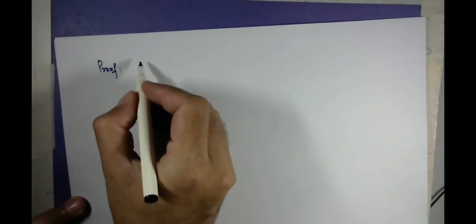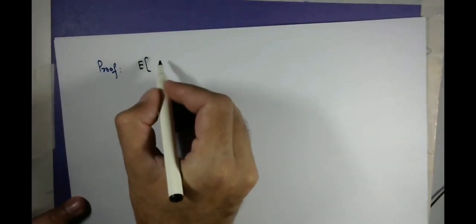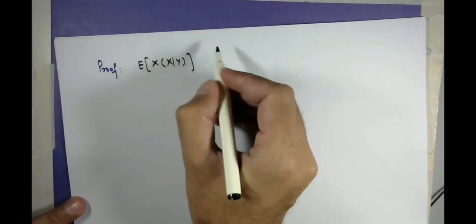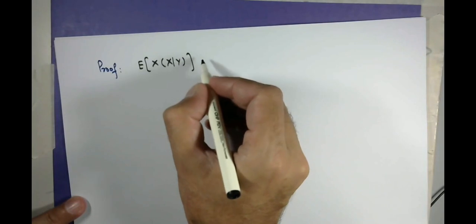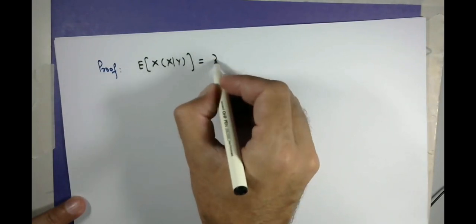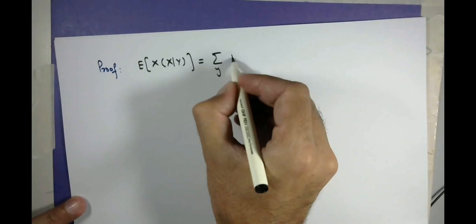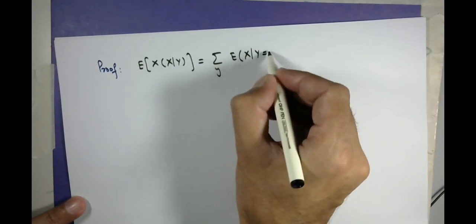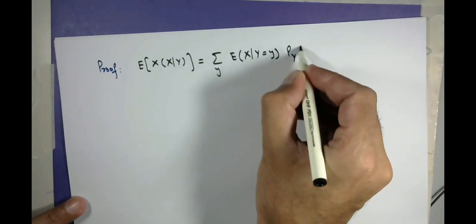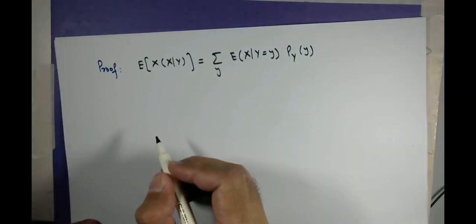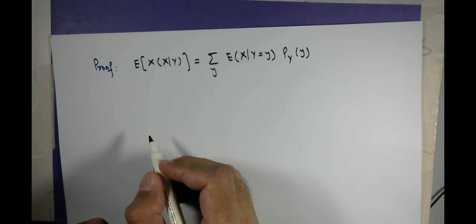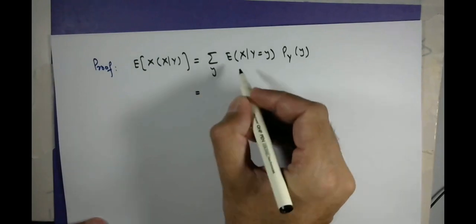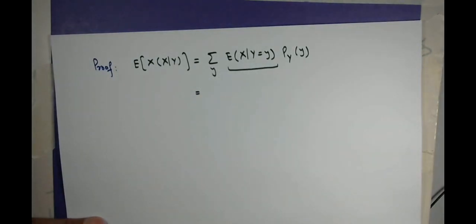So I write expectation of x given y, and it is nothing but summation on y, expectation of x given y is equal to y times PMF of y. But what is this expectation?